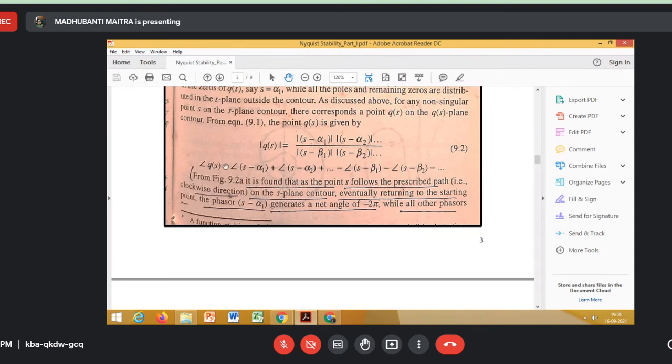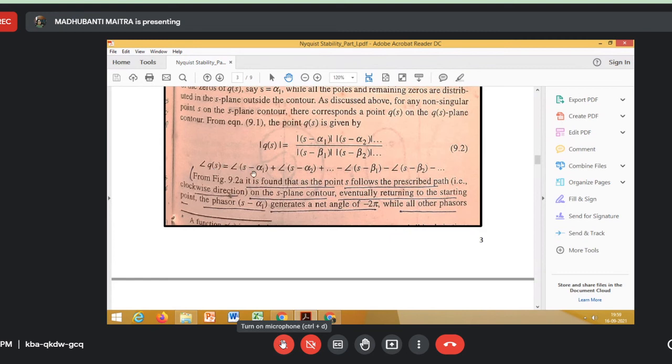So delta QS will be equal to, since we are moving in the clockwise direction, delta S minus alpha 1 will be equal to delta QS, and that will be equal to minus 2 pi.